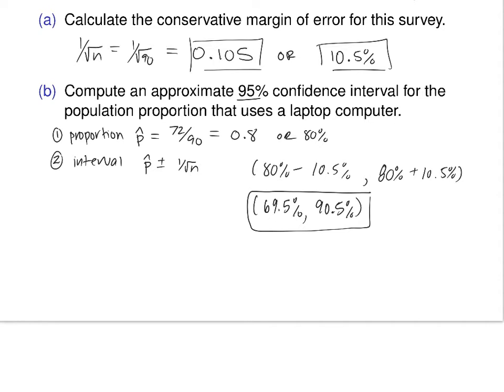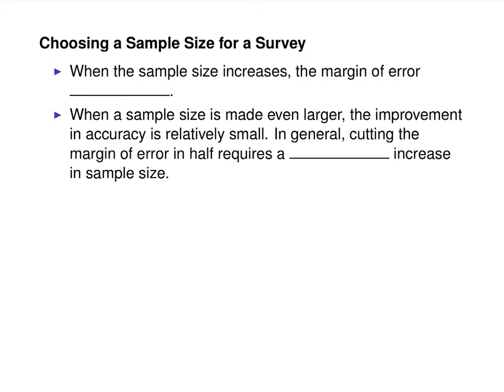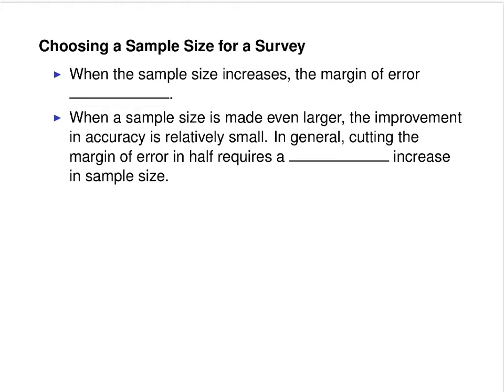And the last thing we'll do before your quiz is talk about how you should pick your sample size. What happens as your sample size increases, what's going to happen to this 1 over root n business? Is it going to go down or go up? Down. The margin of error is going to decrease.